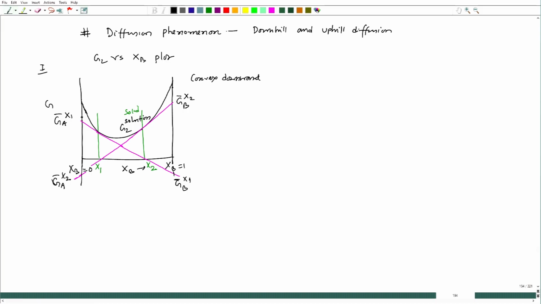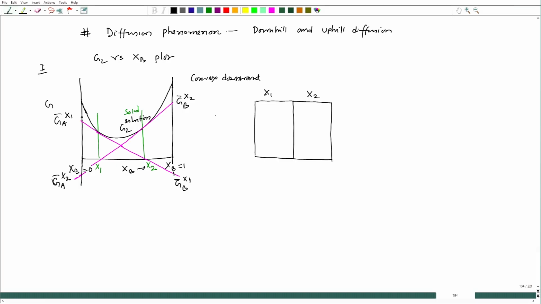So, these are the chemical potentials of A and B in the solution with compositions x1 and x2. Now, we have made a couple. One couple is this, another couple is this. Both are AB alloy, but here the composition is x1, here the composition is x2. Let us say I plot chemical potential on the x axis.